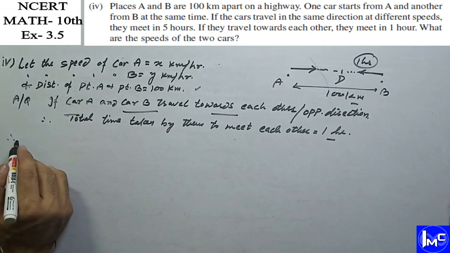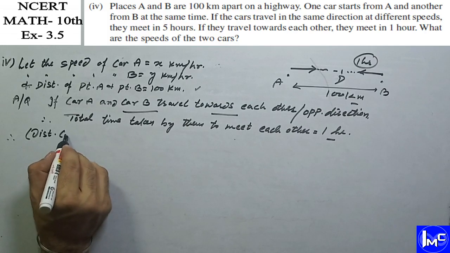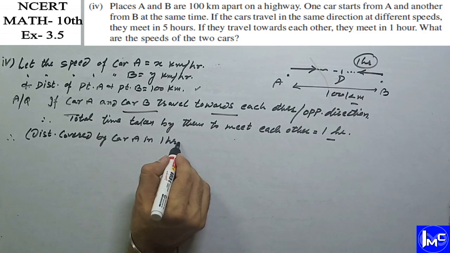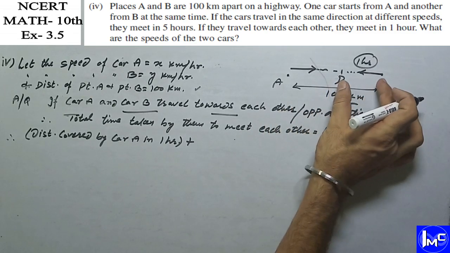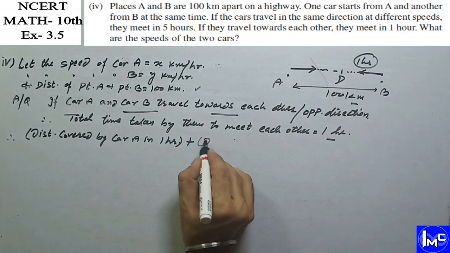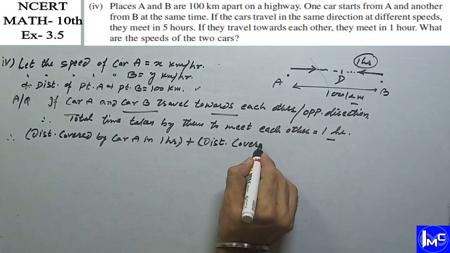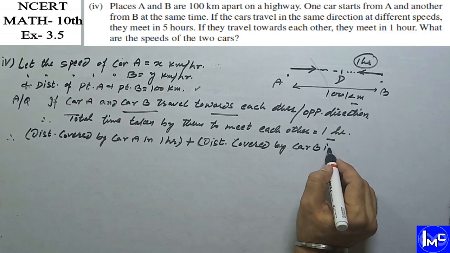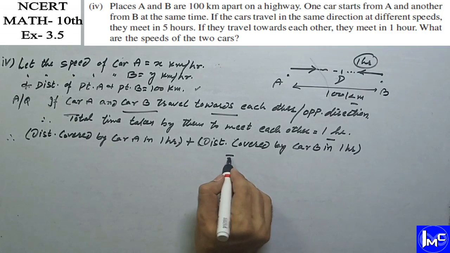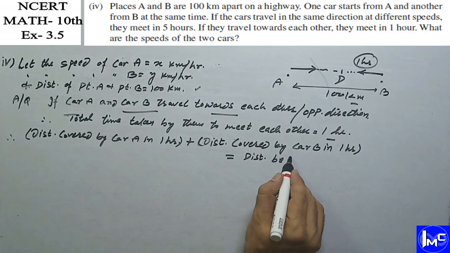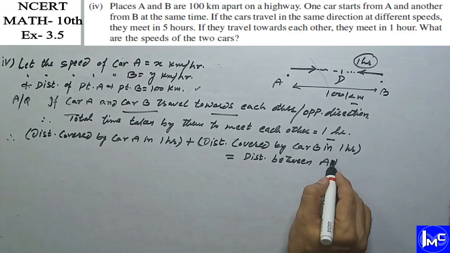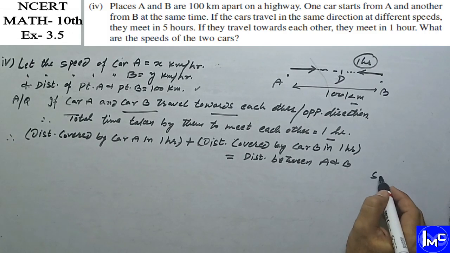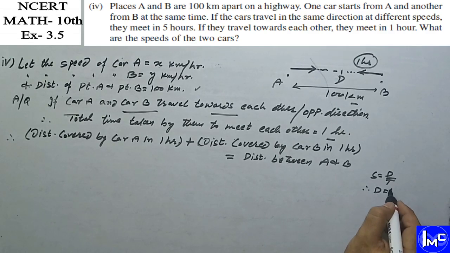So the key point will be: the distance covered by car A in 1 hour, plus, here we have to add these two distances, the distance covered by car B in 1 hour, is the total distance between A and B. And again, speed is equal to distance over time, so distance is equal to speed times time.